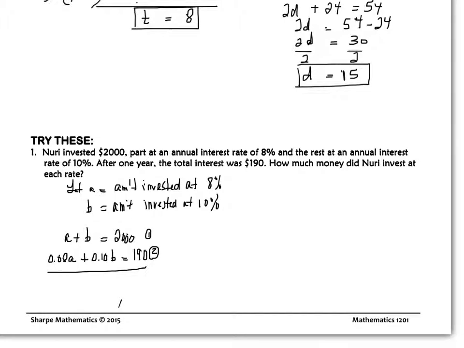So I'm going to eliminate A. I'm going to multiply equation 1 by negative 0.08, which is going to give me negative 0.08A minus 0.08B equals 2,000 times 0.08, negative 160. And then the second equation, just leave the same. Whoops, should be 0.10 there, sorry.